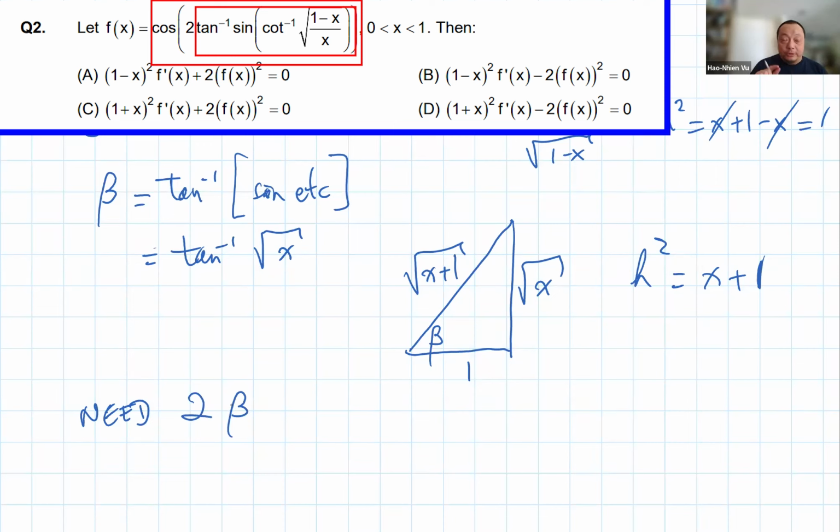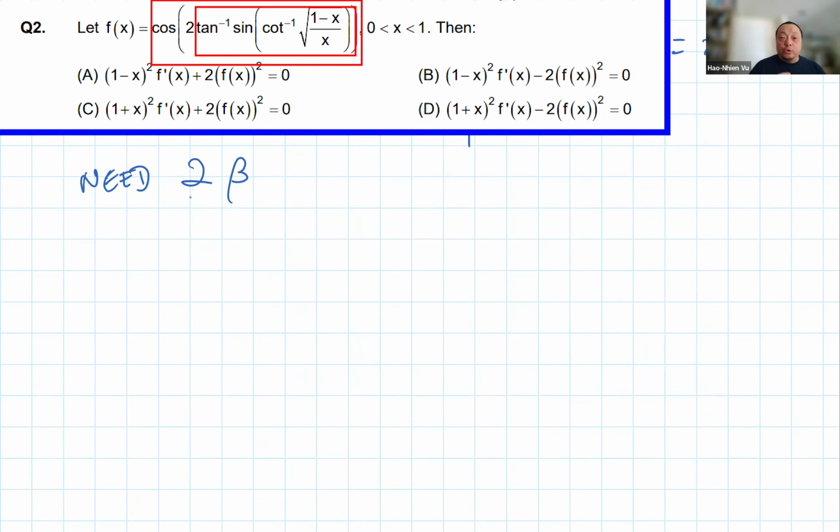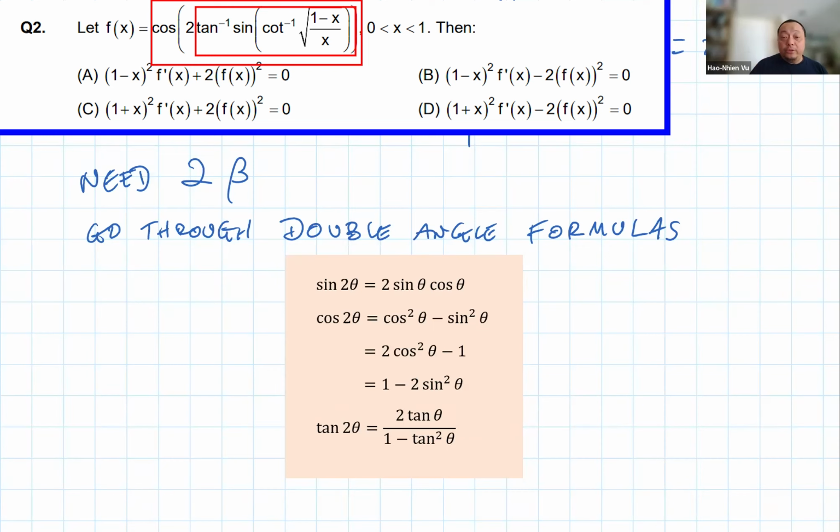This is the part of the question that's actually hard, or at least for me. So what I do is I mentally go through all the double angle formulas to see which one helps. So in my head, I went through these formulas and I realized that even though our problem is basically cosine of 2 beta, these are not helpful, but this one is.